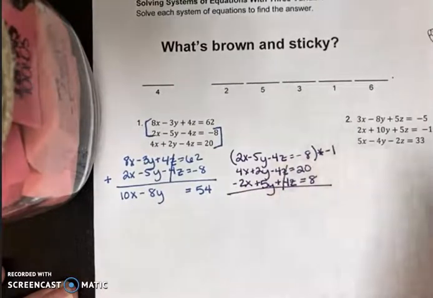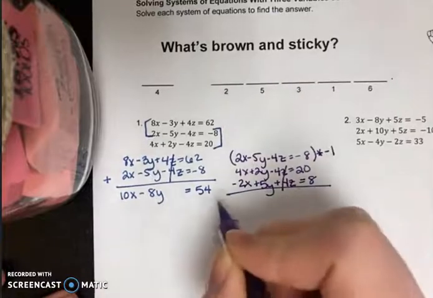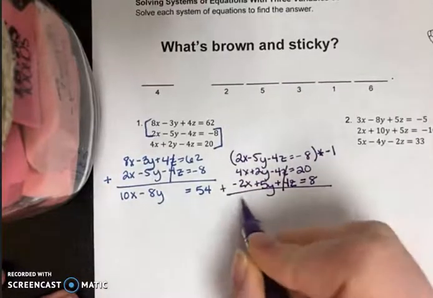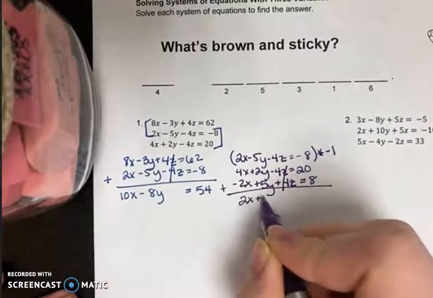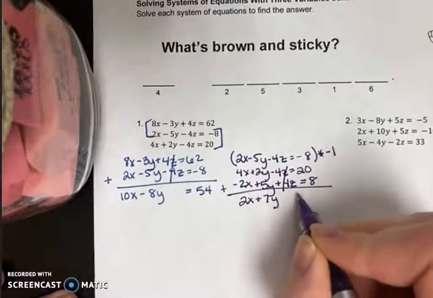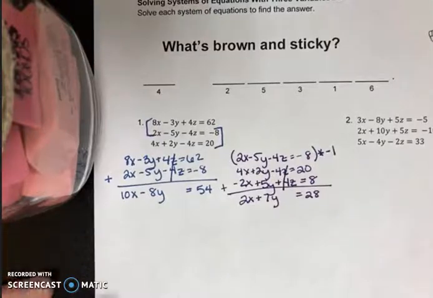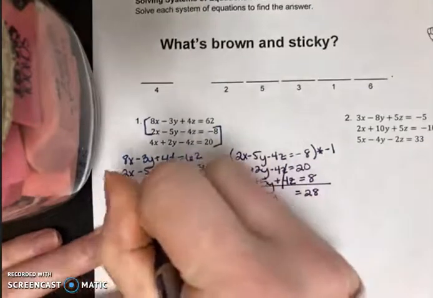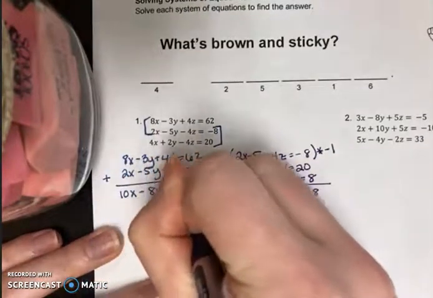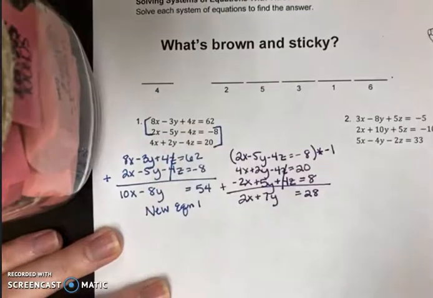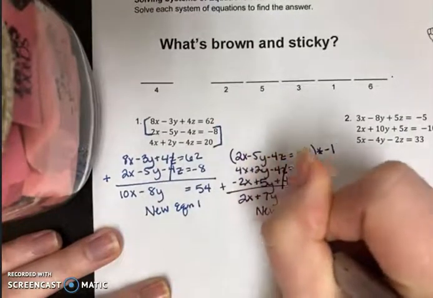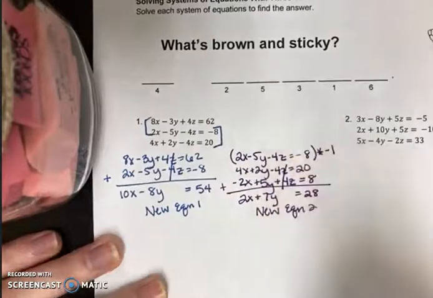Now you can see how the z's would cancel. And adding these two together gives me 2x plus 7y equals 28. So I like to call this my new equation 1 and my new equation 2.